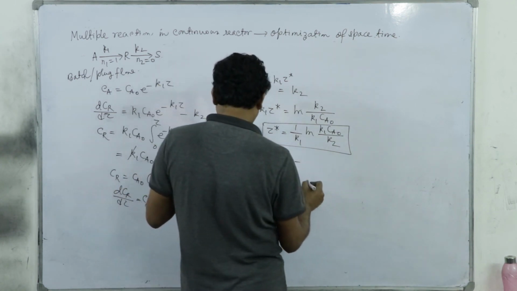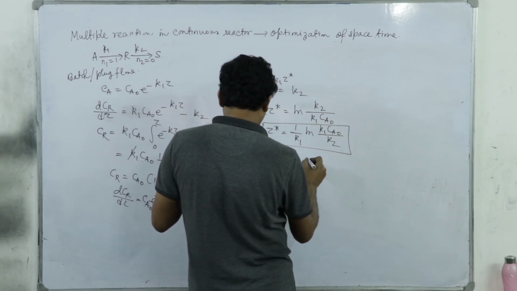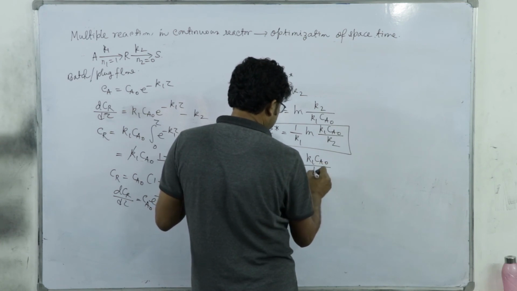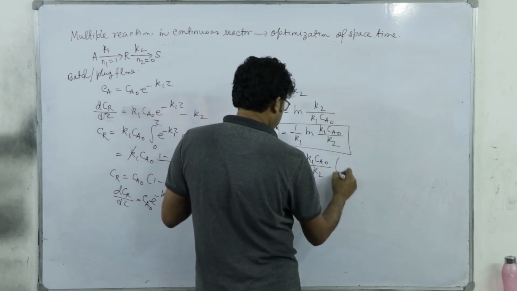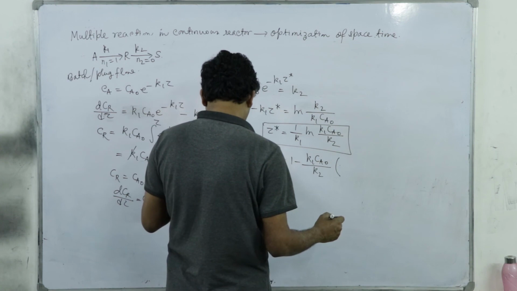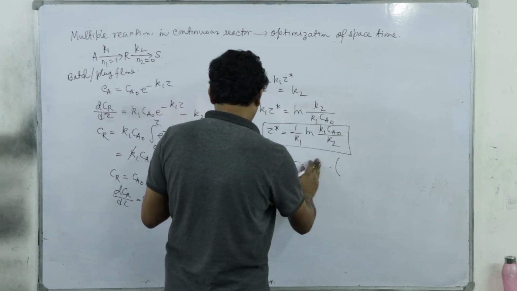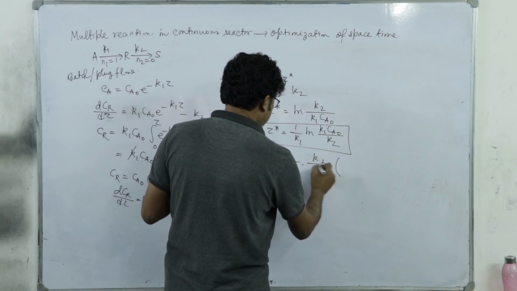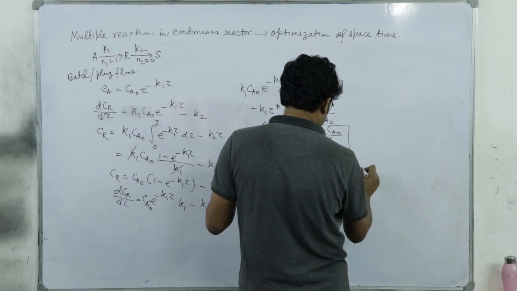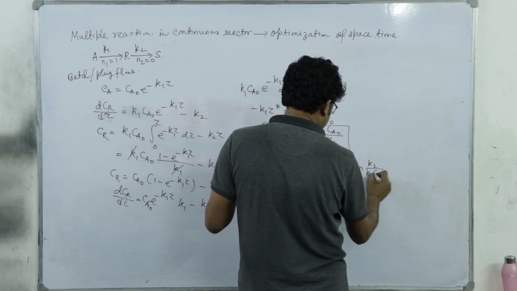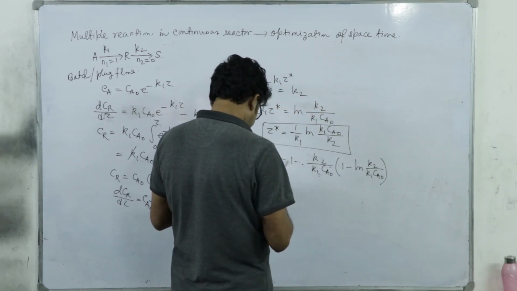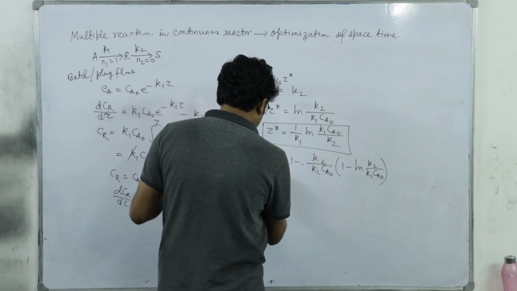It is K2 by K1 Ca0 into 1 minus ln of K2 by K1 Ca0, raised to the appropriate power. Right. So that's the optimal concentration of R.